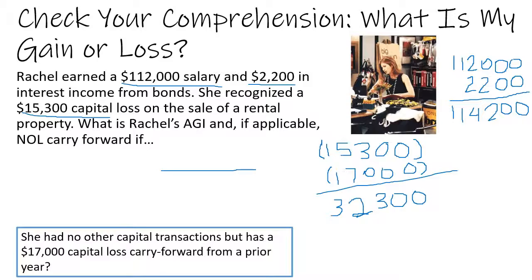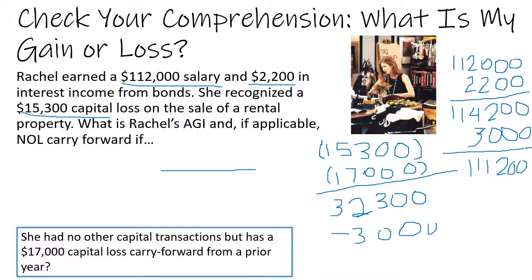She can deduct $3,000 of that loss from her adjusted gross income, which leaves her with an adjusted gross income of $111,200 and a net operating loss carry forward of $29,300.